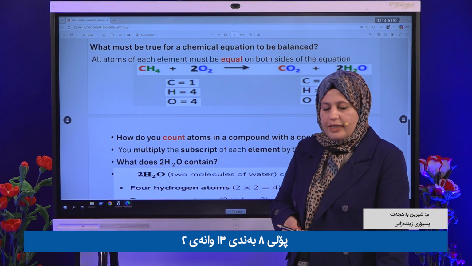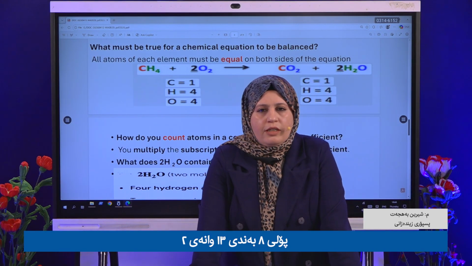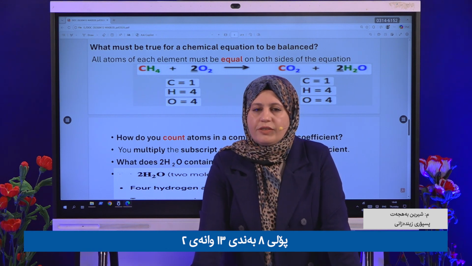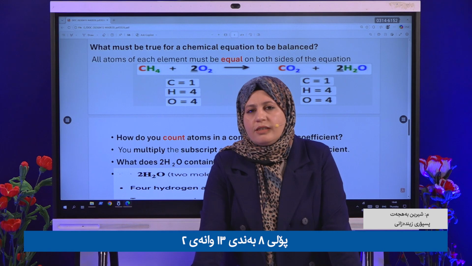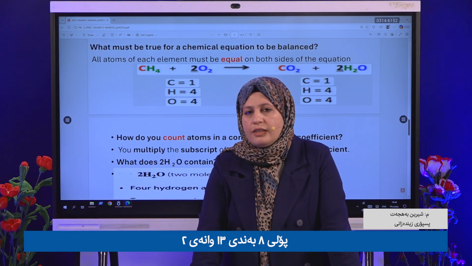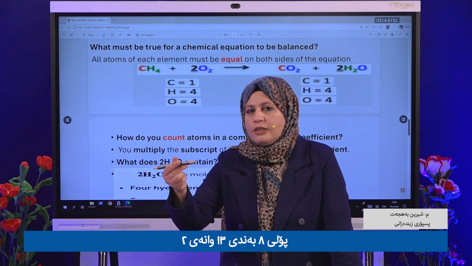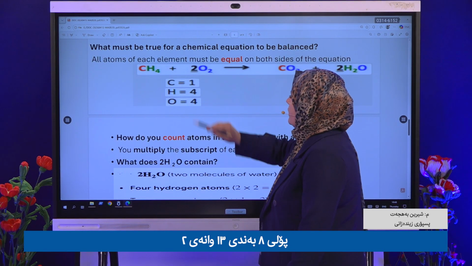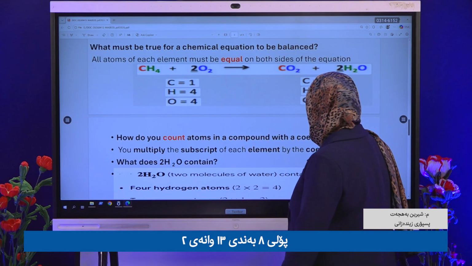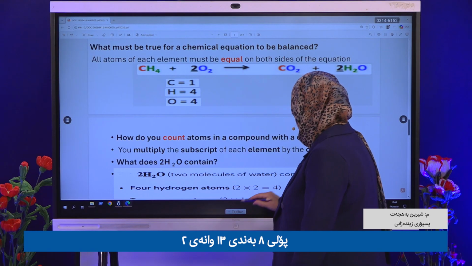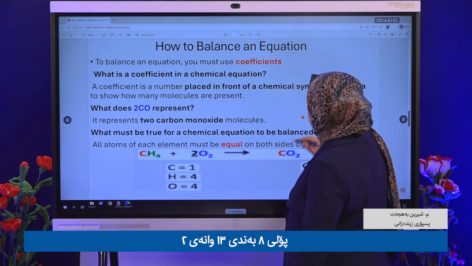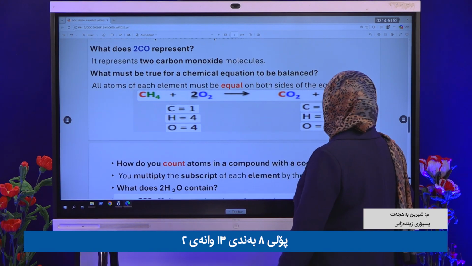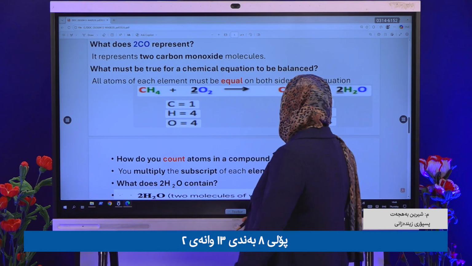For balancing the equation, we use subscripts or coefficients? We use coefficients. Where do we write the coefficient? In front of the chemical symbol.